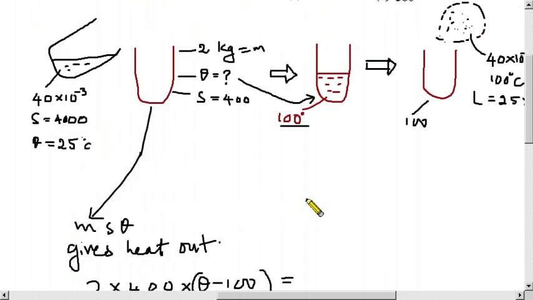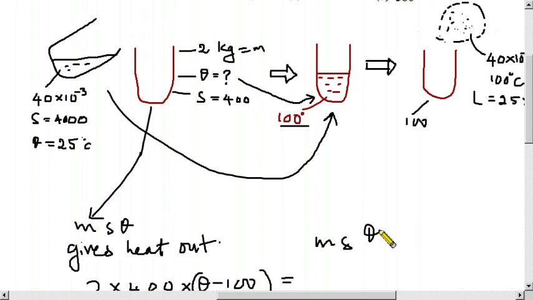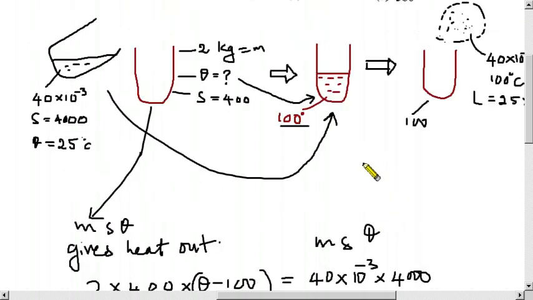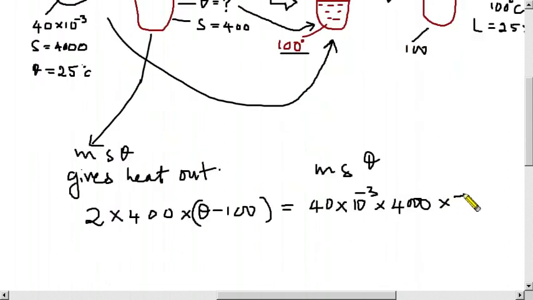Then equals, who absorbs heat? Water. Then ms theta. Water has no change in its state from here to here, therefore we can write the ms theta term: m is 40 times 10 power minus 3, s is 4000, then theta 2 minus theta 1 means theta 2 is 100, theta 1 is 25, so 100 minus 25 is 75.